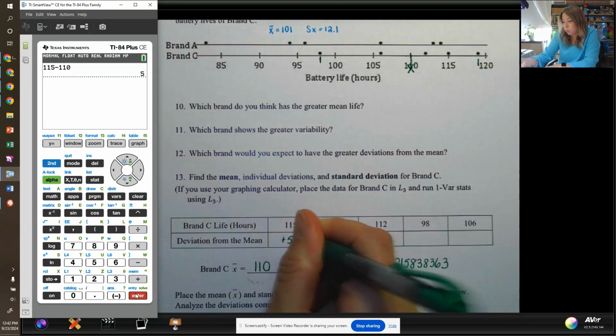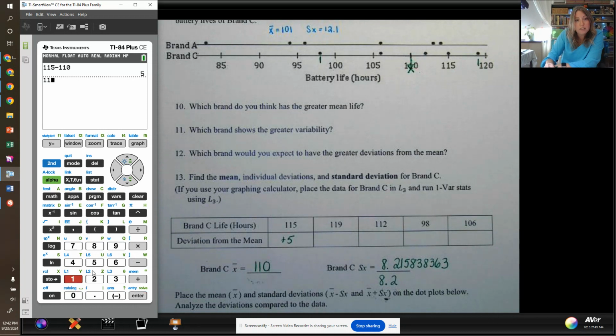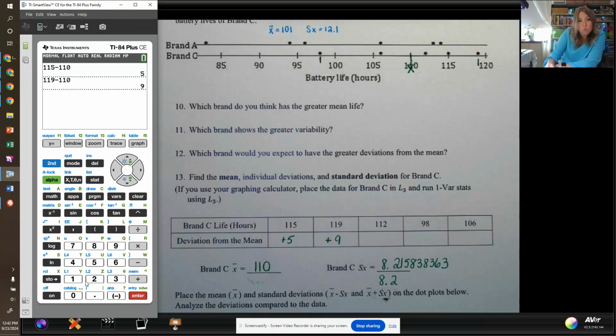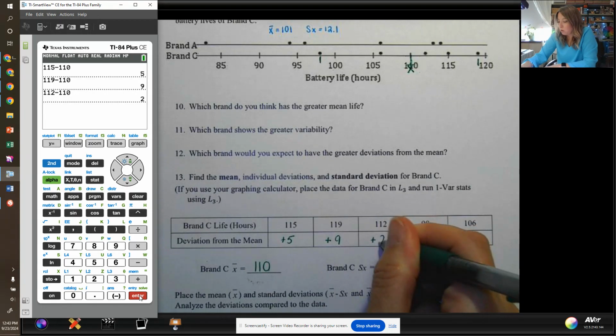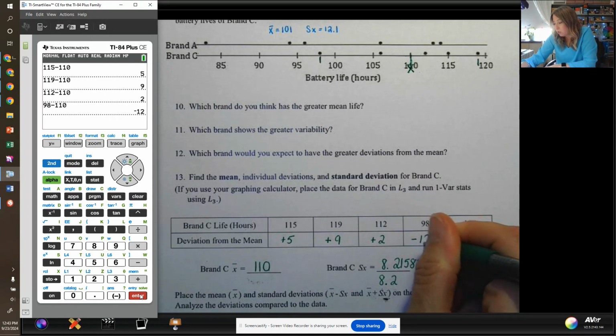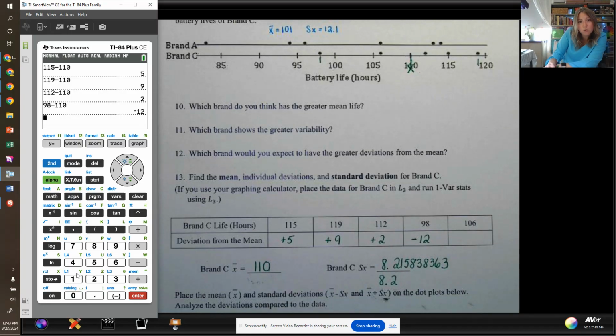That's a positive 5 because we're above. 119 minus 110. 112 minus 110. So all these were above the mean. 98 minus 110. And this is below the mean, so that's where that's going to be negative because we're down below. And of course 106 minus 110.